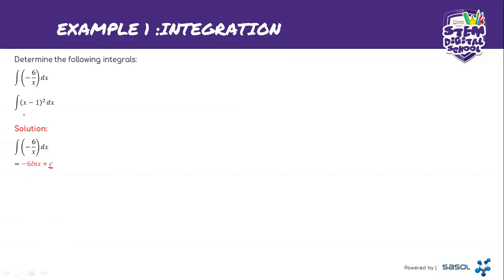And then let's answer the second one, which is the integral of x minus 1 all squared, right? And then let's see how we go about it. Then, okay, you can see from the second step, we haven't integrated. Why? Because now we are having x minus 1 all squared.